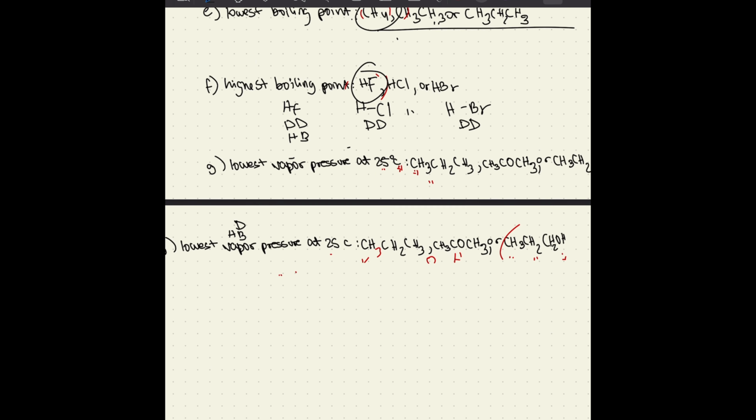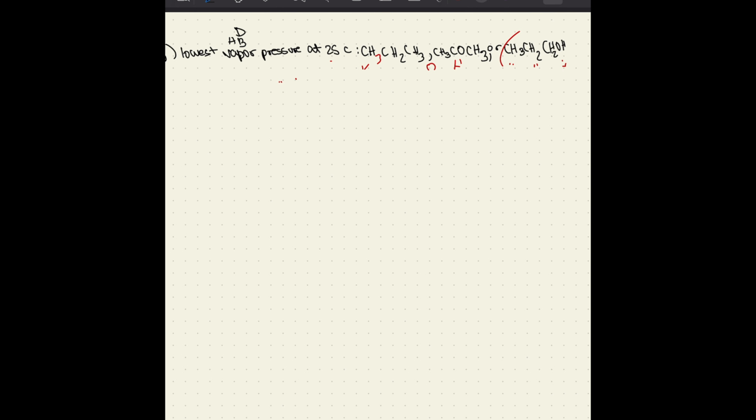So now the last one. Lowest vapor pressure at 25 degrees C. CH3CH2CH3. It's essential to draw the Lewis structure, so it's easier for you. You have 3 carbons, and you start adding everything.